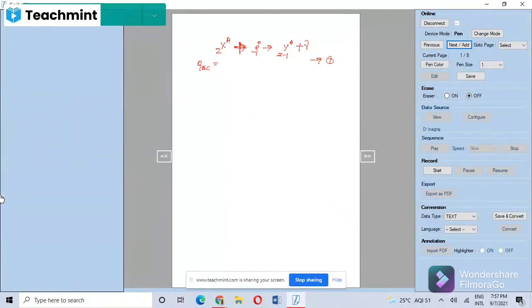QEC is equal to Mn of A comma Z plus Me, that is, the nuclear mass of the parent nucleus plus the mass of the electron, minus the nuclear mass of A comma Z minus 1, which is the daughter nucleus.